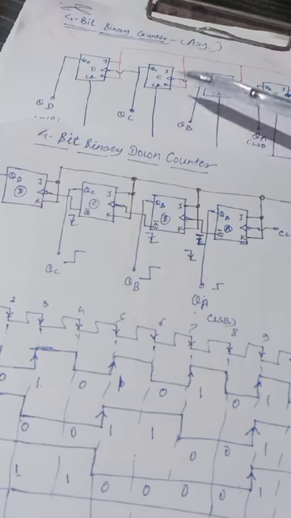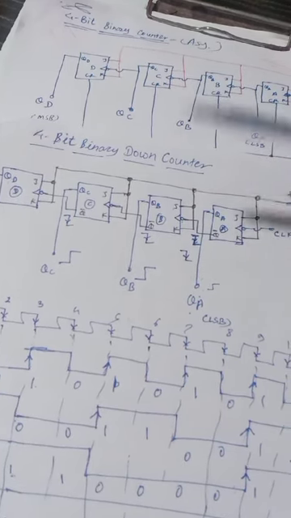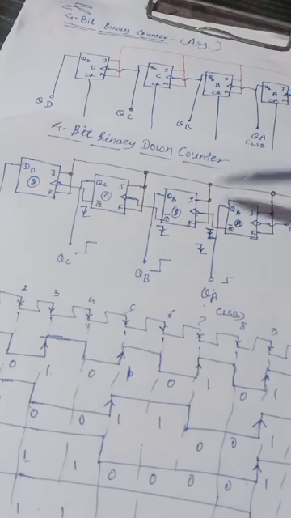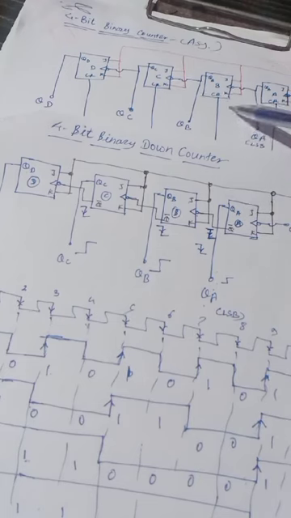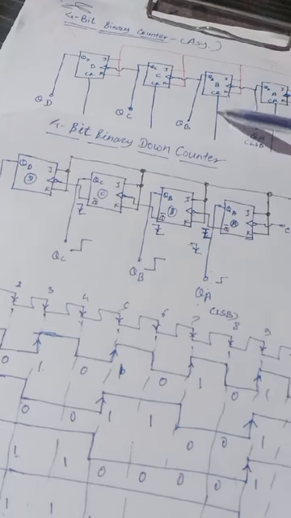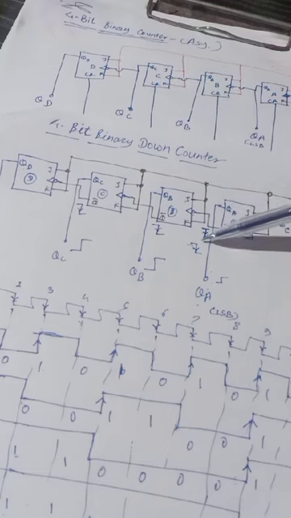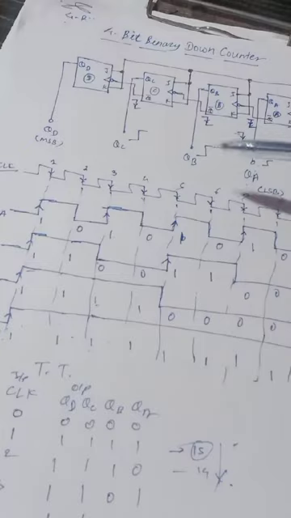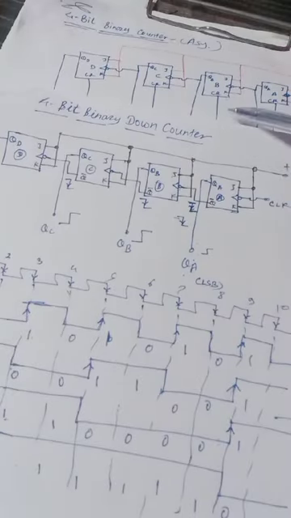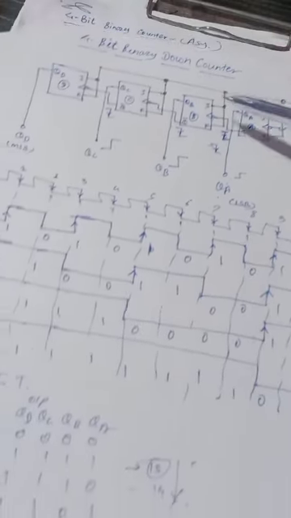Both are combined, and just by a control input we switch from up counting to down counting and back. If the input is 0 there is up counting, if it is 1 there is down counting. Like that we are going to combine these two counters in the next lecture.